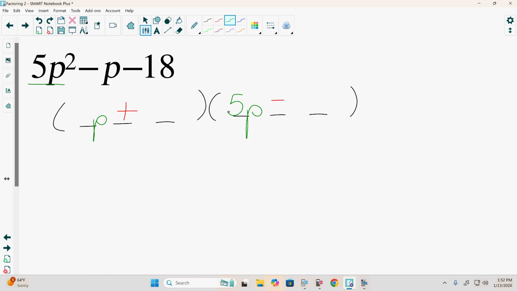Factors of our third term, we need to find the factors of 18. So we have 1 and 18, 2 and 9, 3 and 6. Which one do we want to try first? 3 and 6?